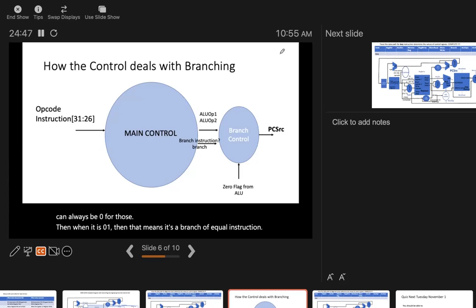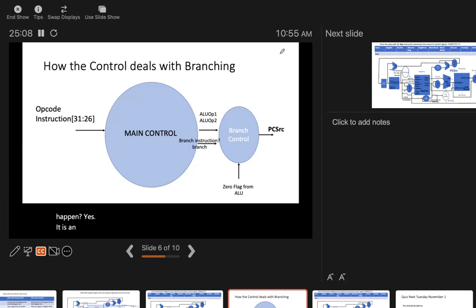So branch is equal to 1. If the 0 flag is not set, that means the two registers are not equal for the branch if equal instruction. Should branching happen? No. So 0. It's a branch if equal instruction and the 0 flag is set. The values are equal. Should the branching happen? Yes.